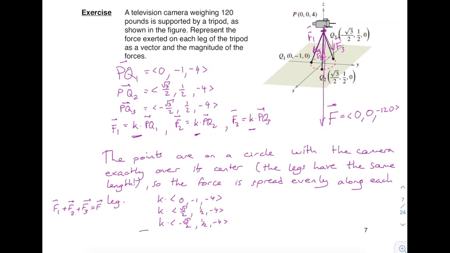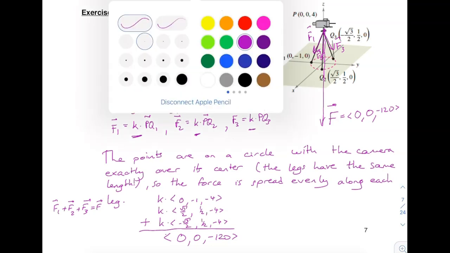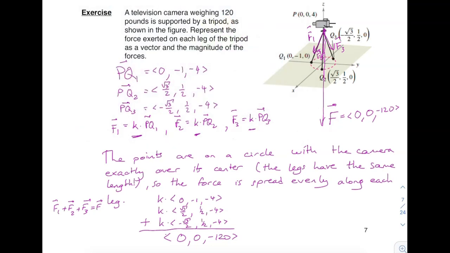So if we add all of these up, we want to get F, which, as we know, is 0, 0, negative 120. So by observing the last column, which is the easiest one to figure out, we can clearly see that K is going to have to be equal to 10.